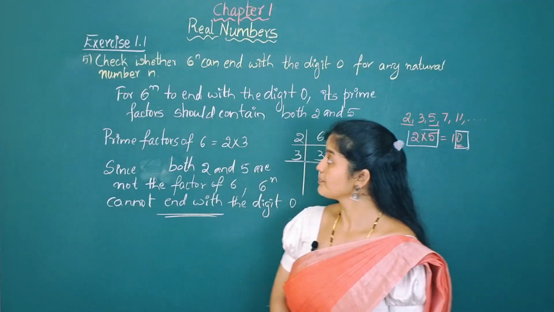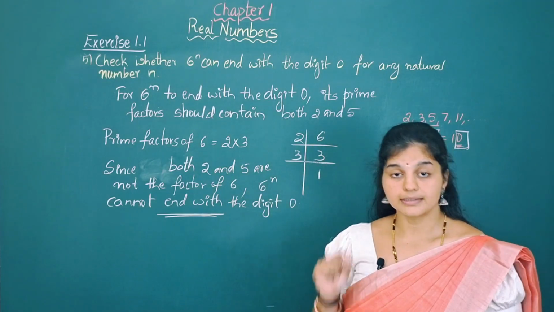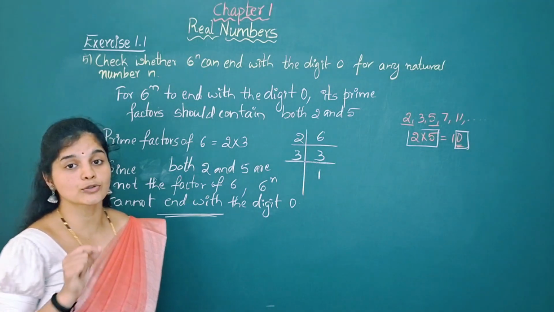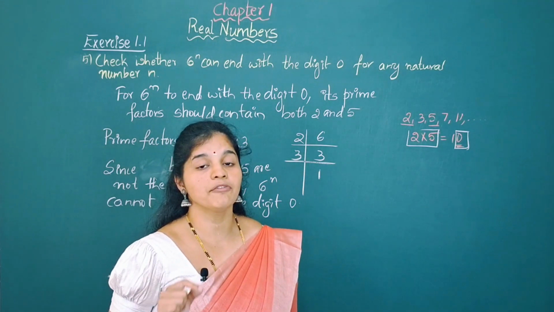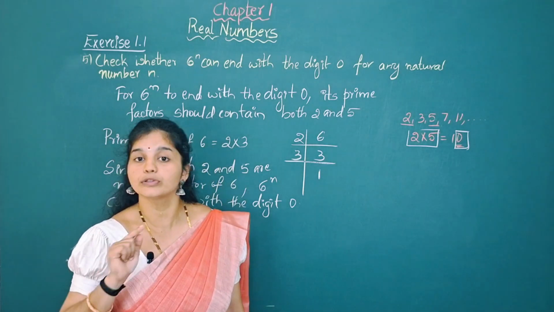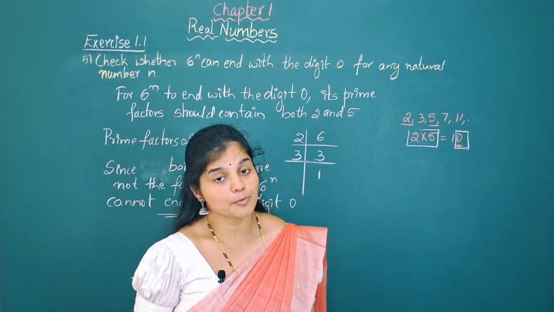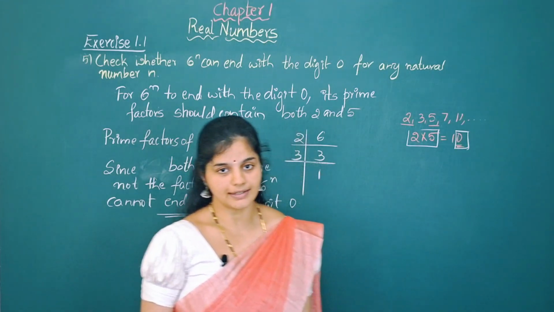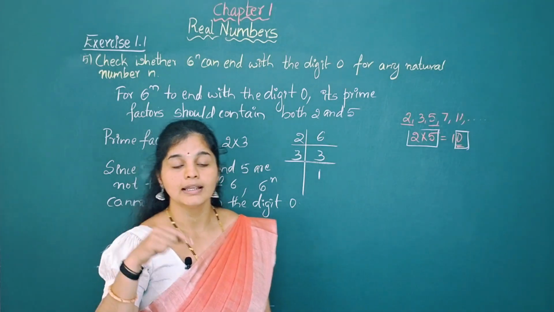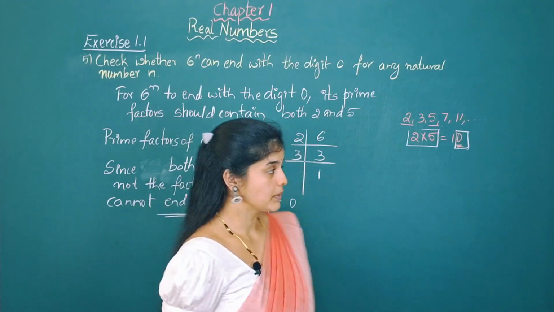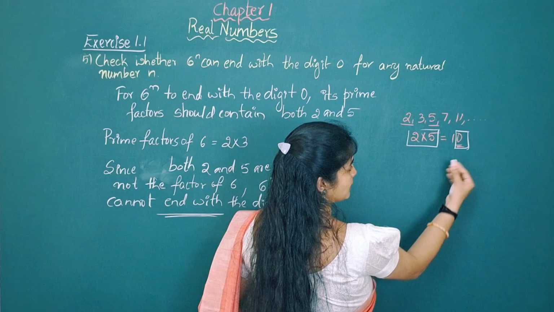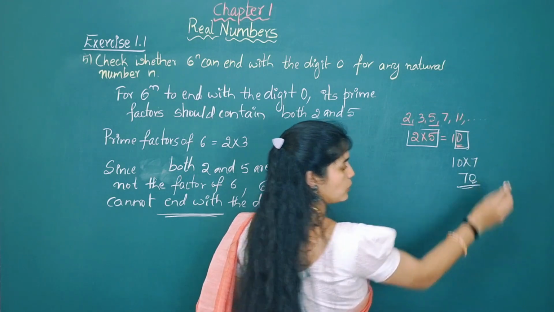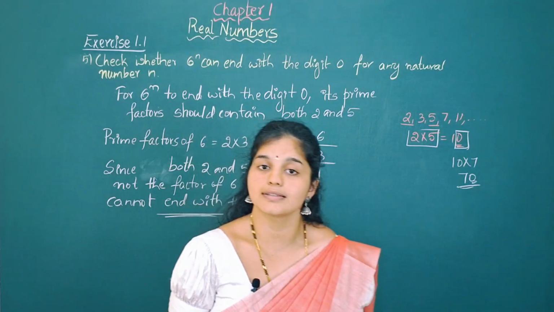I will repeat it. We want to check whether 6^n can end with the digit 0. For 6^n to end with the digit 0, its prime factors should contain both 2 and 5. Why both 2 and 5? Because when we multiply 2 and 5, we are going to get 10, where the end digit will be 0. Now, if you multiply any other prime number with this 10, you will still get 0 at the end. That is the logic.